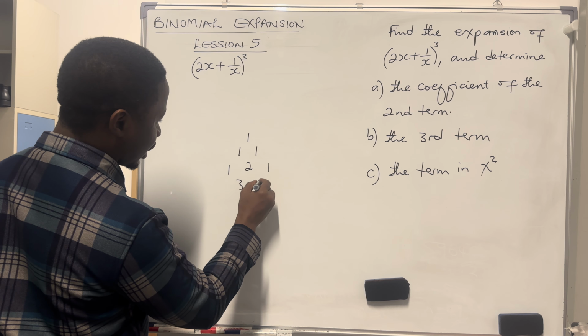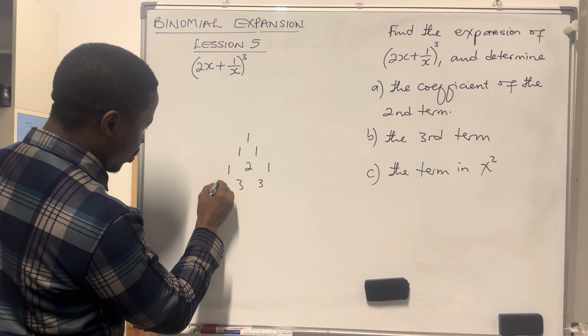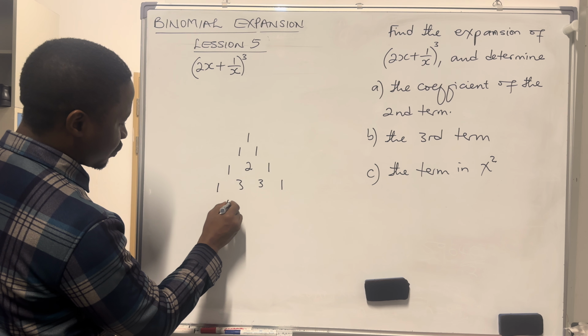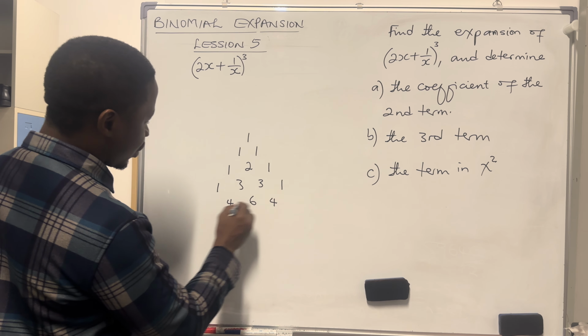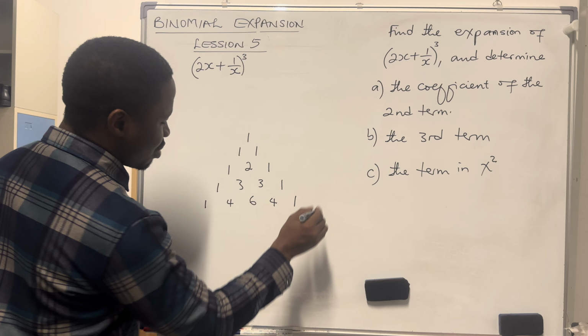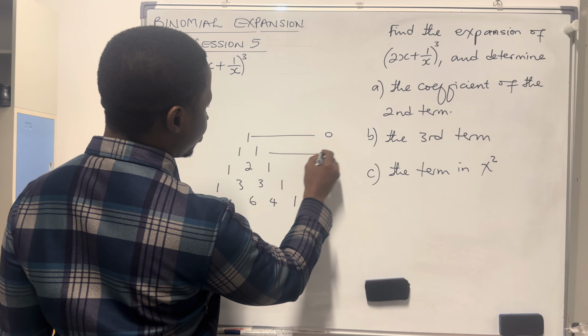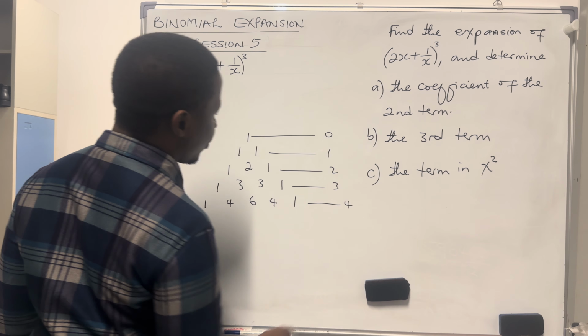2 plus 1 is 3, below 2 and 1, but between. Then 1, 1. For the next row, 1 plus 3 is 4, 3 plus 3 is 6, 3 plus 1 is 4, and 1, 1. Before I continue, let us check. This is for power 0, power 1, power 2, power 3, power 4.